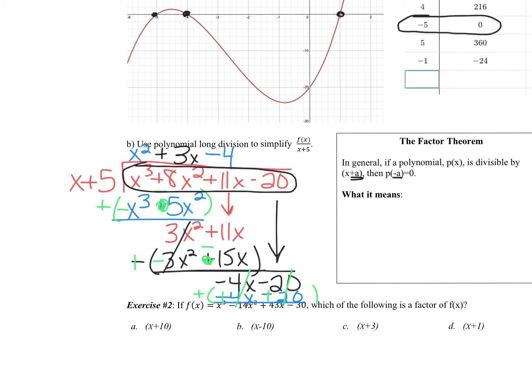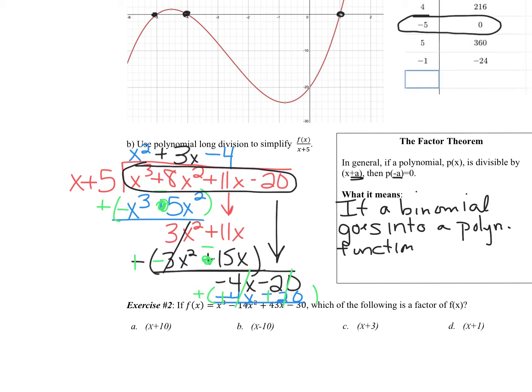What we're going to write for this, basically, is if a binomial goes into a polynomial function, I'm going to abbreviate that, polynomial function, the function's value at, I'm going to say, the opposite number.